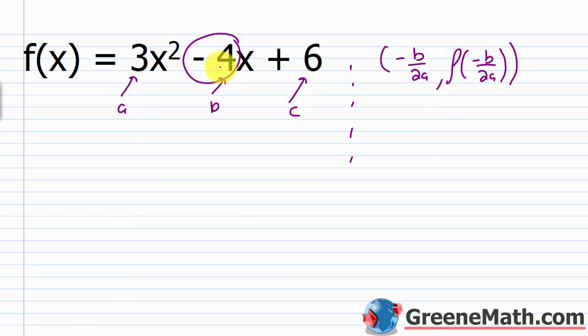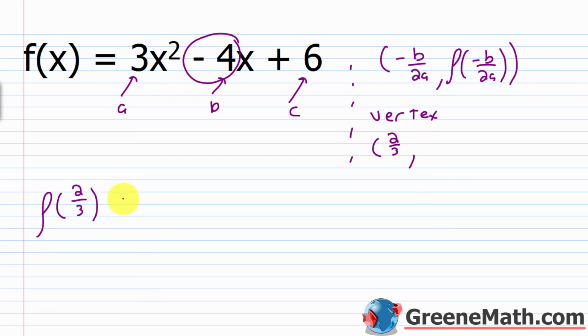So -b. B is -4. So the negative of -4 is +4 over 2a. A is 3. 2 times 3 is 6. So we'd have 4 over 6. We could reduce that to 2/3. So the vertex will occur at 2/3 for the x location, comma. Then you would have f of 2/3.